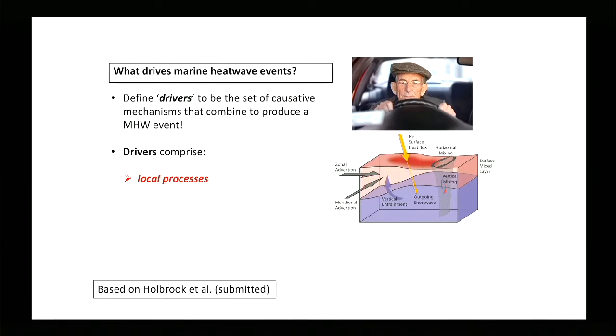Then we've got things like ocean advection zonally, east-west, and north-south. So these are ocean currents, and the analogy in the atmosphere is obviously the winds. And then also what mixing terms are going on, like vertical mixing, horizontal mixing, and vertical advection through the base of the layer. So we can do that in terms of a heat or temperature budget analysis and look at the changes that occur in such a box.